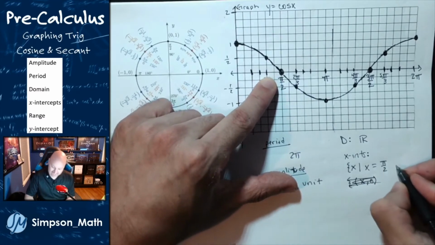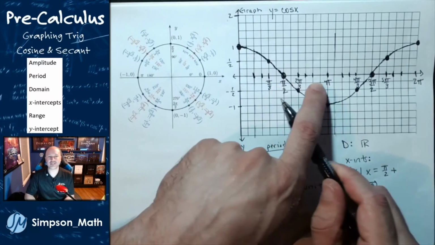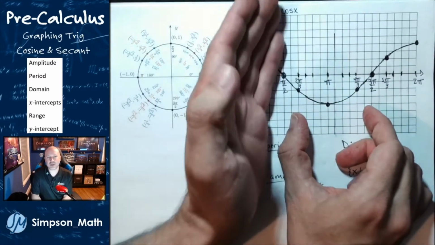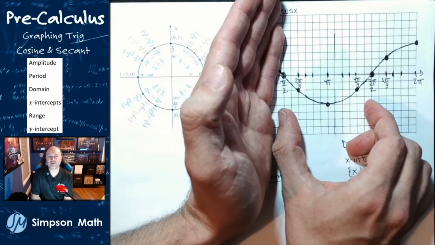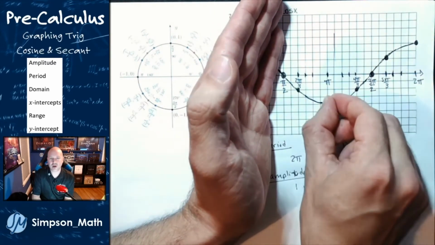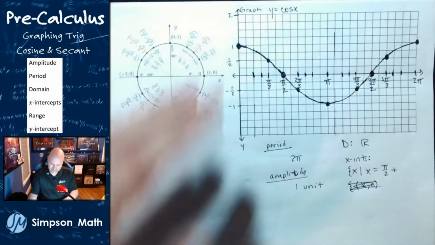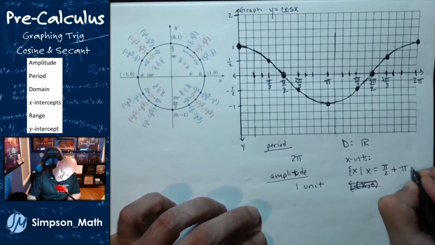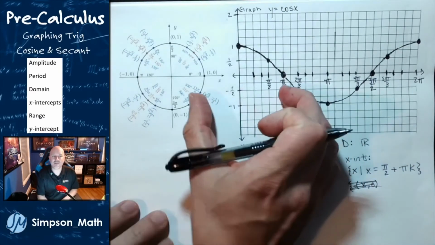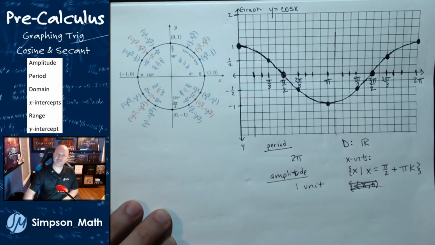And then to that, I'm going to add the distance until I get to the next x-intercept. Oh, 3 pi halves. So what's the distance between pi halves and 3 pi halves? Well, this is 1 pi half, 2 pi halves. Oh, so 1 pi. Yeah. And I'm saying pi k, where k is some integer, just meaning every interval of pi to the left and to the right from here on out.